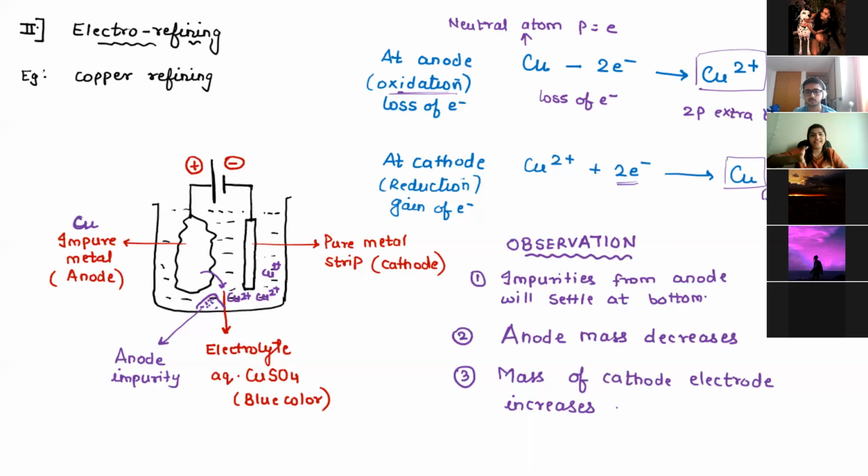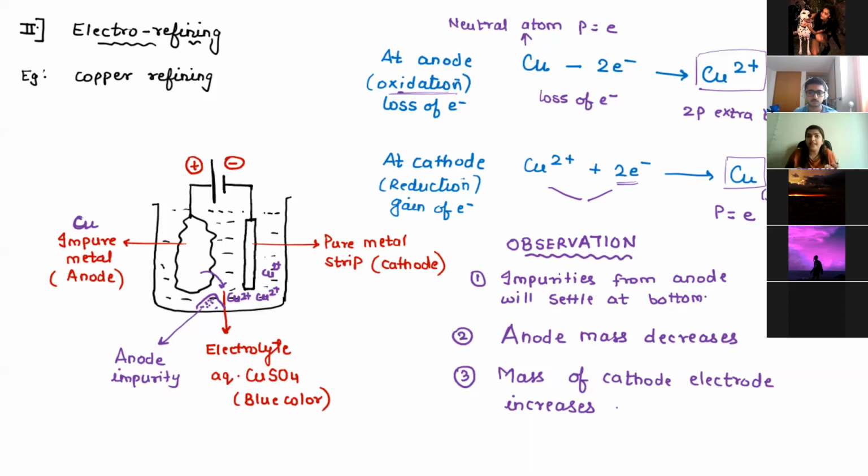And what happens at cathode? The cathode has electrons, so it will gain electrons. Cu2 plus is gaining 2 electrons. So now, can I say the protons and electrons become equal again? And that's how you get a neutral atom. Okay, Miss, I got it. Yeah, and that neutral atom sticks on the cathode, which is your metal strip.